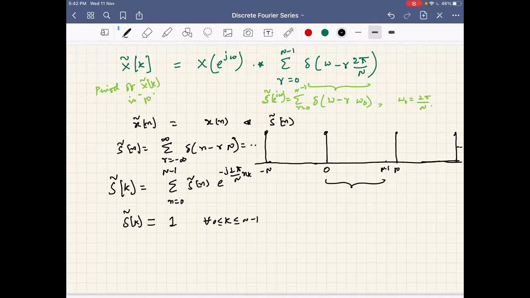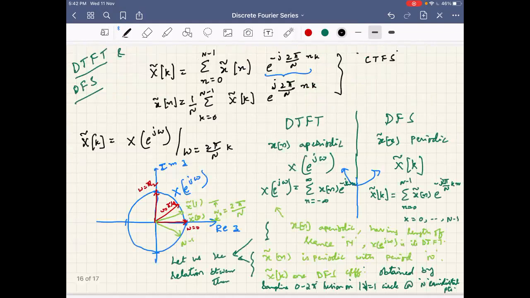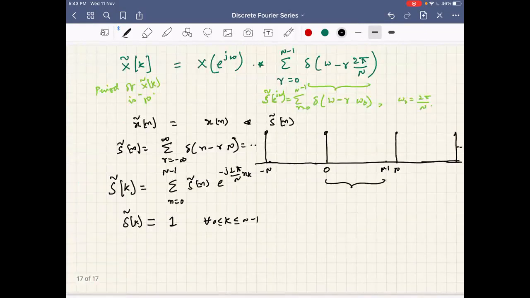See, if I consider s tilde of k to be 1 for all k from 0 to N minus 1, and then I want to write it in terms of the sampling sequence in e to the power j omega axis, how do I write? If I sketch this s tilde of k, it looks like 0, 1, 2, 3, 4, 5, and so on up to N minus 1.